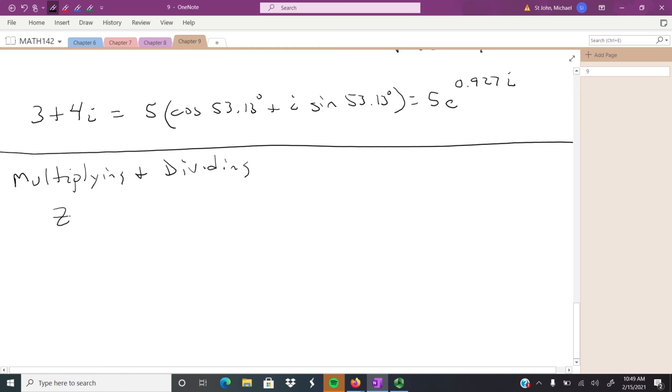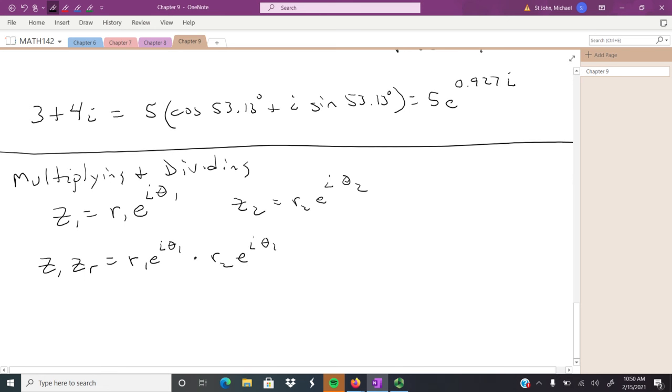Given that z1 is in the form r1 e^(iθ1), z2 is in the form r2 e^(iθ2), then z1 times z2 is given by r1 e^(iθ1) times r2 e^(iθ2), which is r1 times r2 e^(i(θ1 + θ2)).